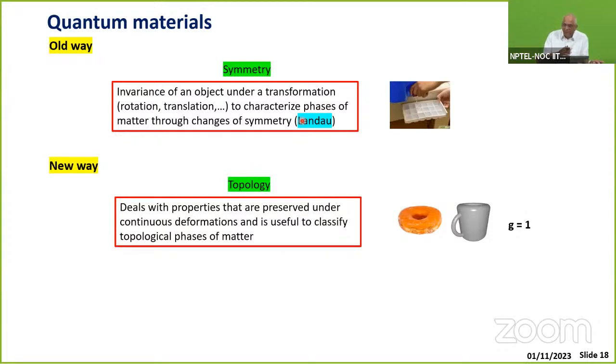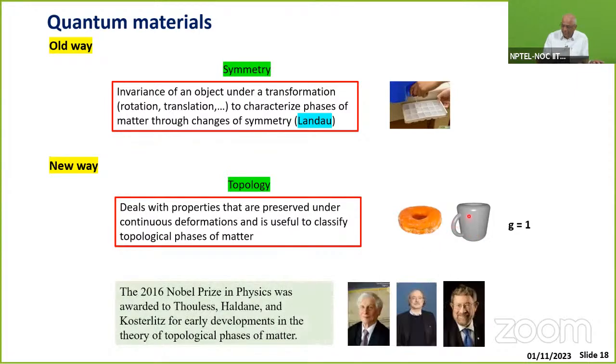Topology deals with properties that are preserved under continuous deformation and is useful to classify topological classes of matter. For example, between this donut and this coffee mug, you have a hole, and you can continuously transform from the mug to the donut or donut to mug, without tearing apart any of the material.